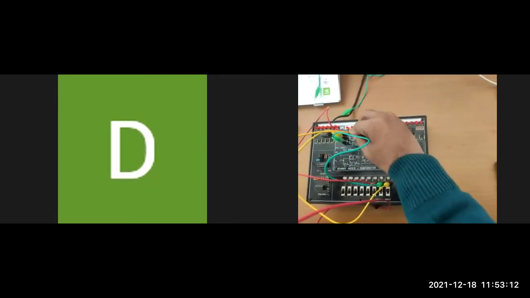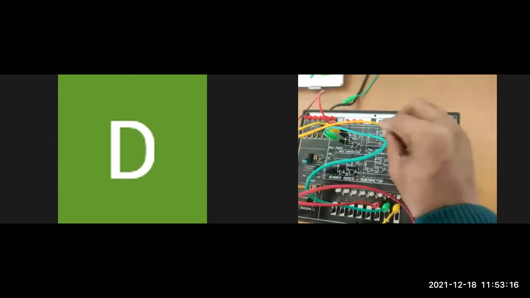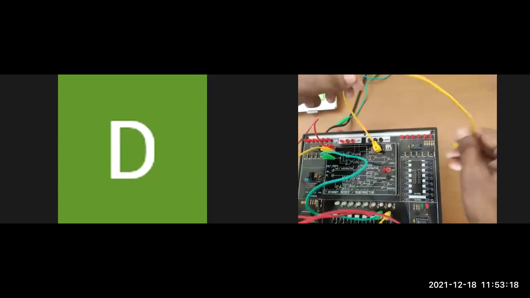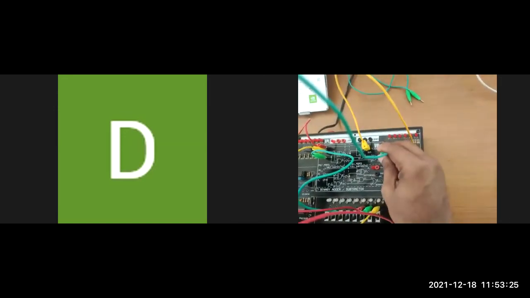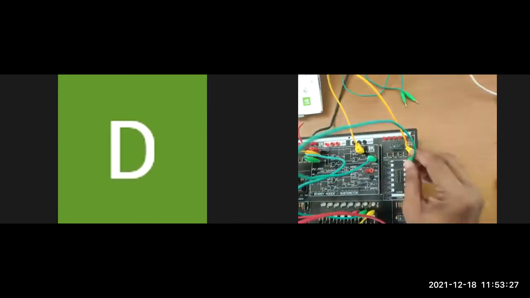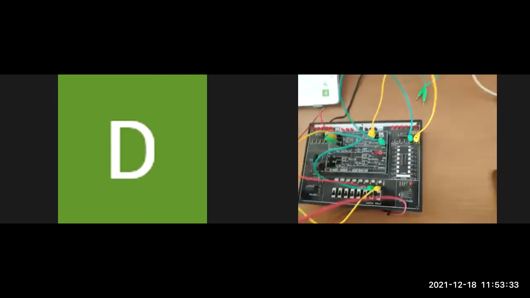Output means sum and carry. So sum is connected with this, and the carry is connected with this digital output. Now the ground and VCC.